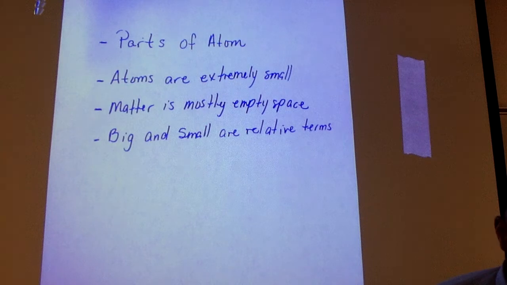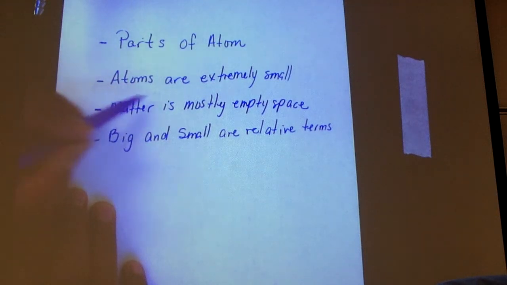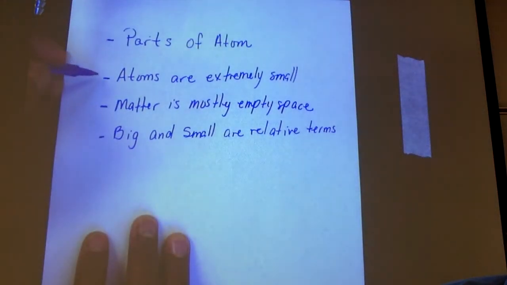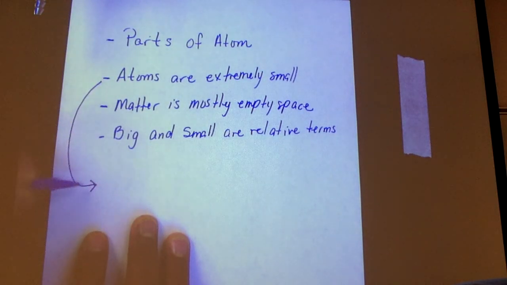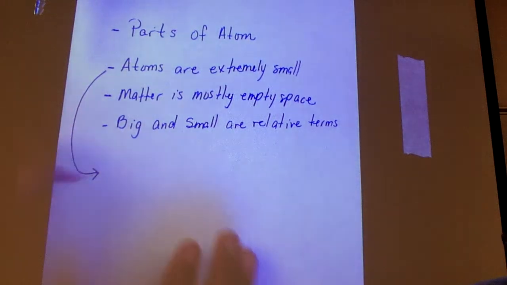Now, can you think about which stations that you saw or rotated through the other day might have emphasized the point that atoms are extremely small? Now, definitely, I would say station 1, cutting paper to protons, and I know we talked about that one.